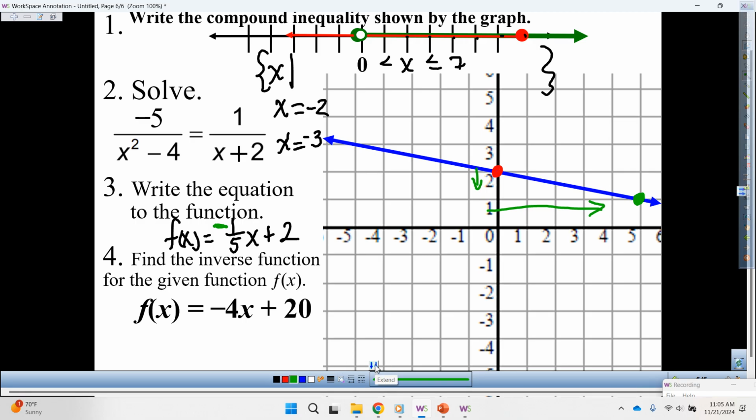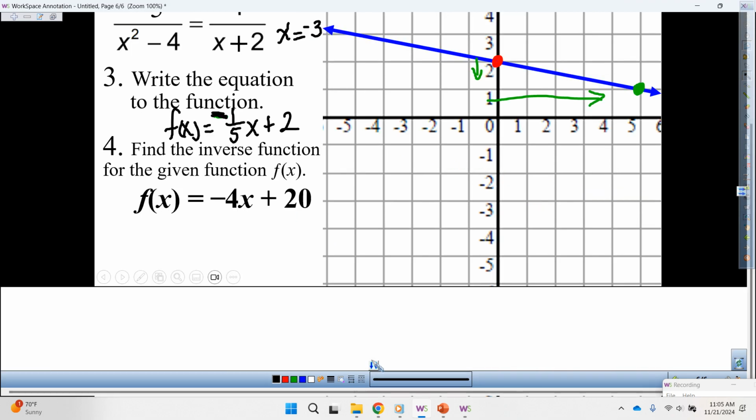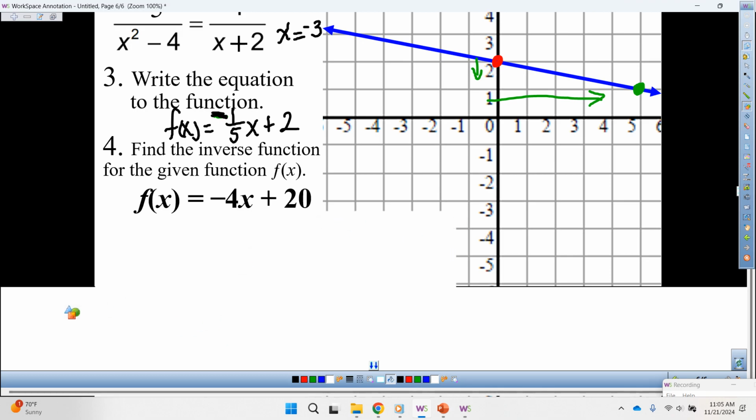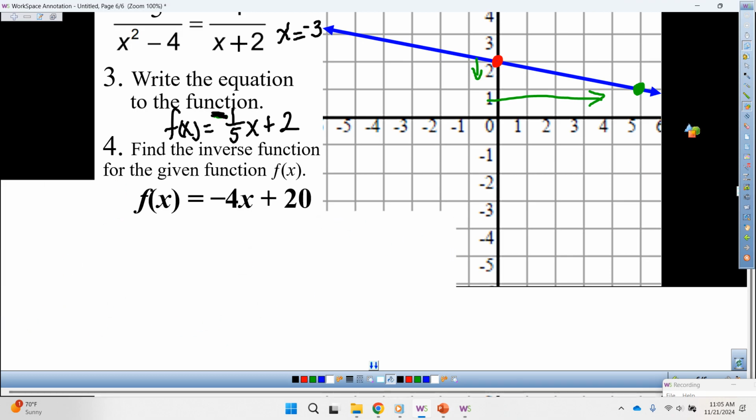And number 4, I need the inverse, and it looks like Enrique's got this. Before Enrique gives me the inverse, tell your neighbor what you got for your inverse, please. All right, Enrique.